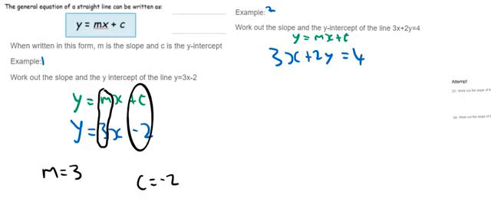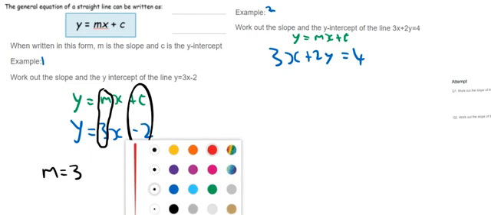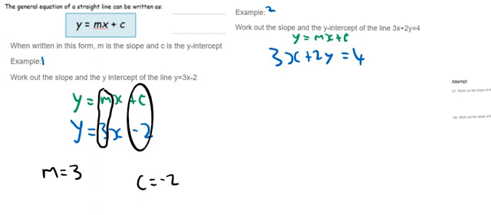So to find the slope easily, you can rearrange the equation to make it look like y equals something x plus or minus something. This comes back to manipulating equations and rearranging skills. You can subtract 3x from both sides, which gets me closer to having just a y on the left hand side.